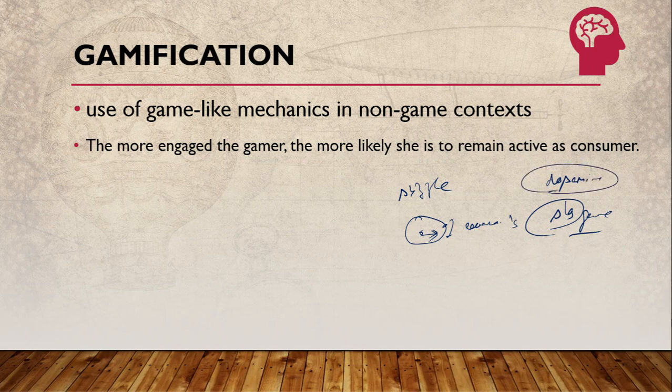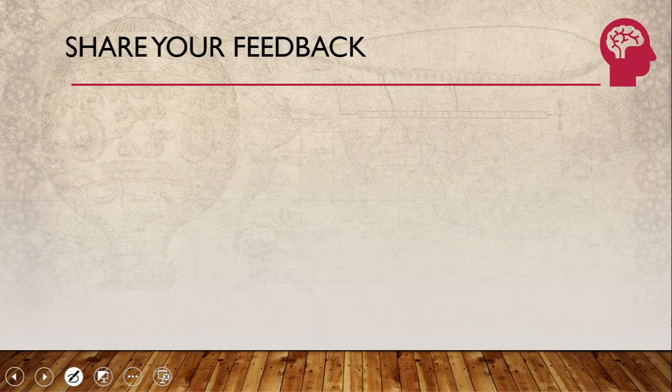Gamification is the use of game-like mechanics in a non-game context. Amazon is a non-game context, but they have added some game-like mechanics into their app. So this is where they are using your engagement. This is also another strategy.